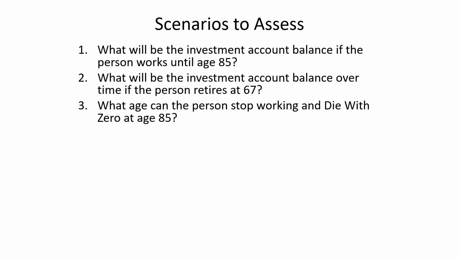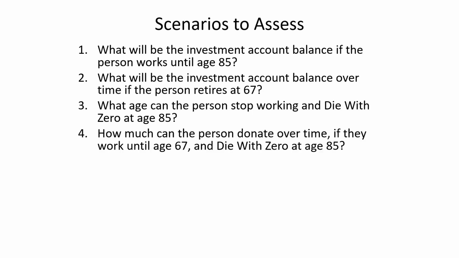Is it a negative account balance at age 85 if you make the transition from working income to retirement income at age 60? If it's a negative balance, that means the person needs to work more years, so they need to work to 61 or 62 or 63. I want to find out at what age they could continue to work and then stop working if we want to die with zero.